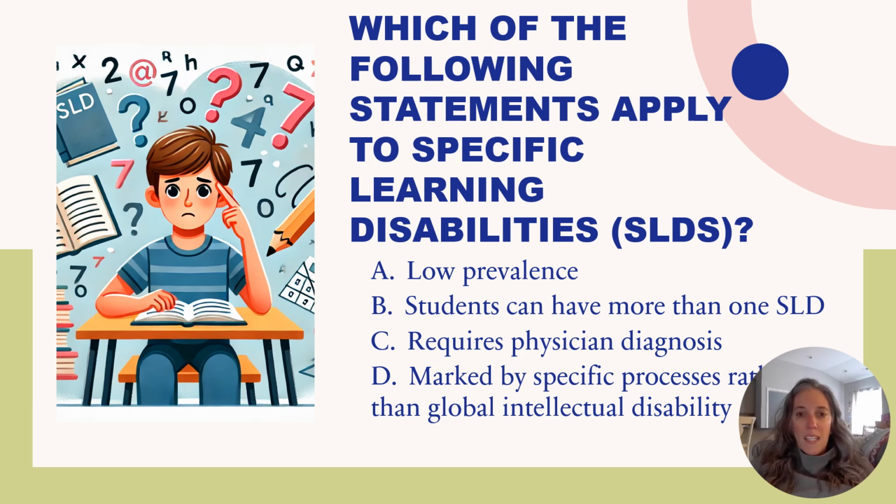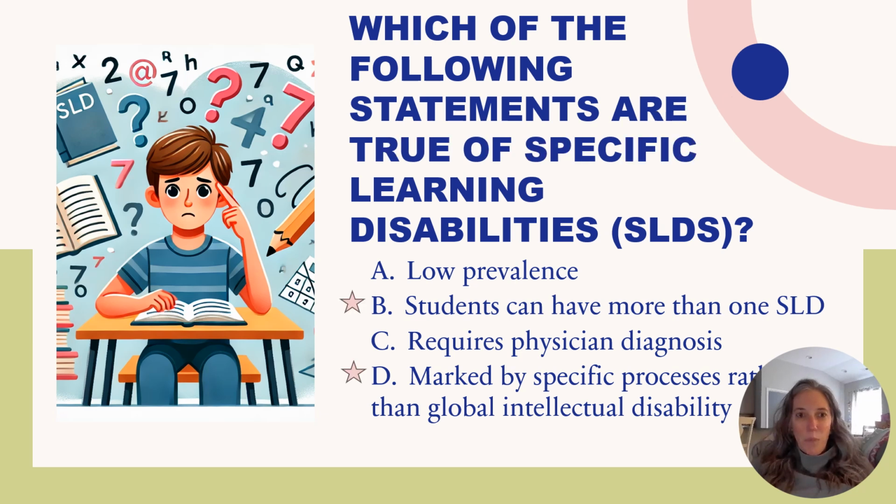The next question is, which of the following statements apply to specific learning disabilities? And then I've got 4 choices there. Moving to the answer, the correct answers here are B and D. So A is incorrect because specific learning disabilities is actually the highest prevalence of disability that you will see.